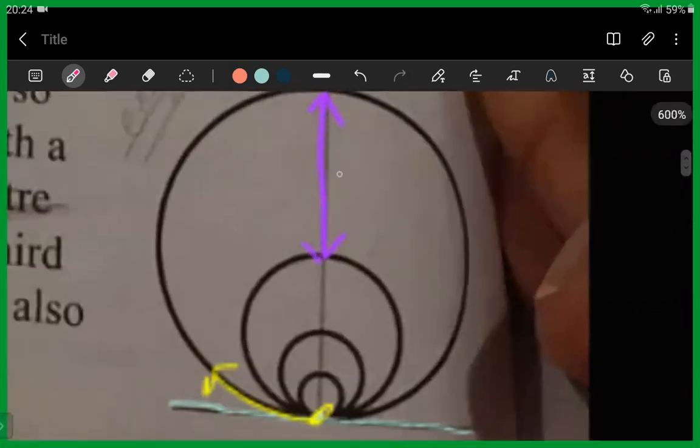If you look nicely, this is the original radius, let's say it's r. This one here is half of r, and the one after it is going to be a quarter of the original one. Yes, I understand that.